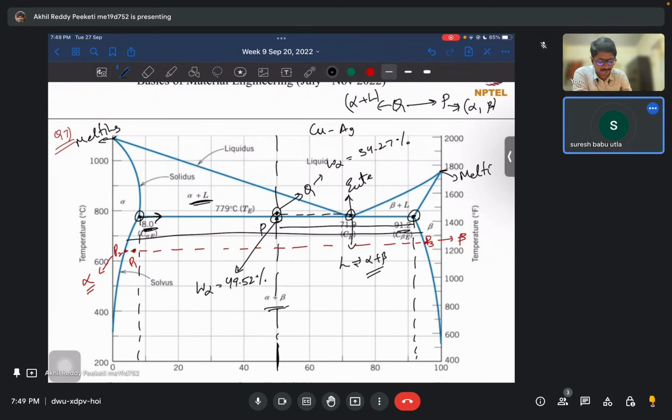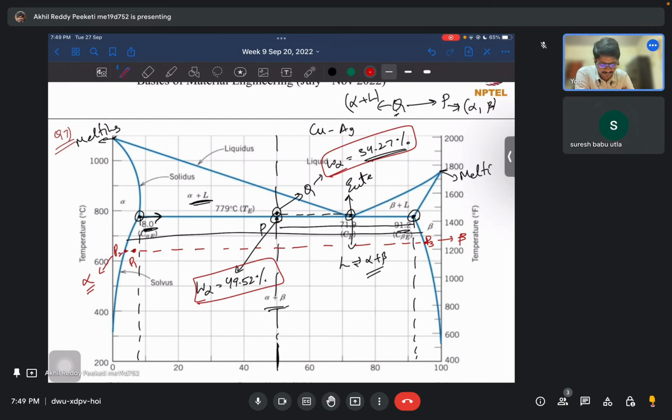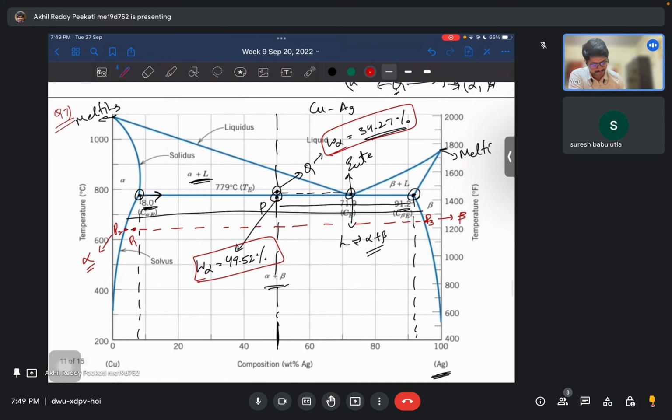The liquid converts to the eutectic mixture of alpha and beta. So from the liquid, that extra alpha is coming. That's why I asked that question.